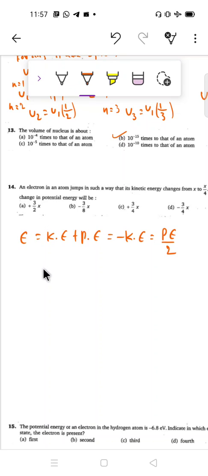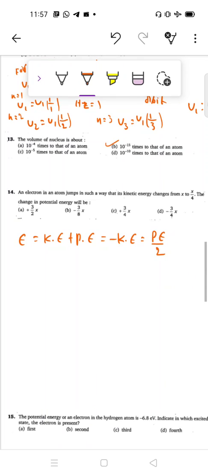Here they mentioned the electron in an atom jumps in such a way that its kinetic energy changes from x to x by 4. Let us see it. Using minus change in kinetic energy, x by 4 minus x is equal to potential energy change by 2.